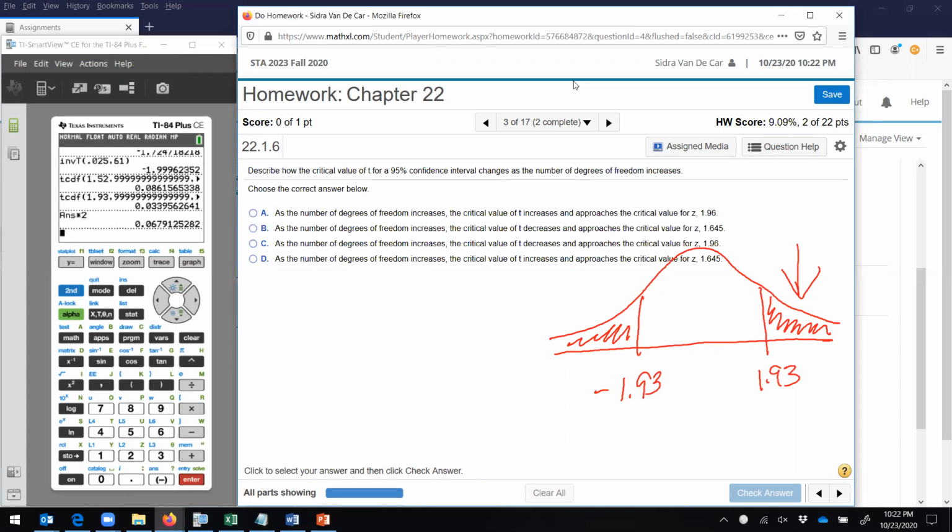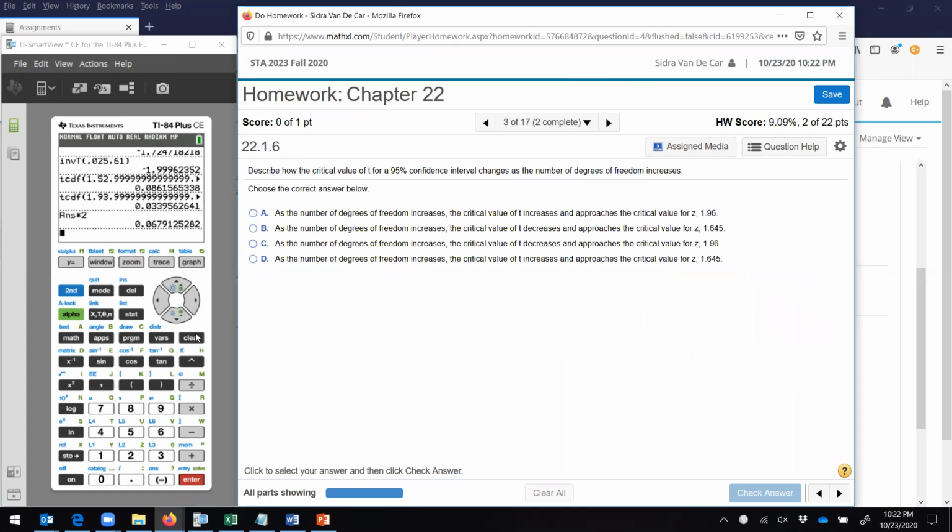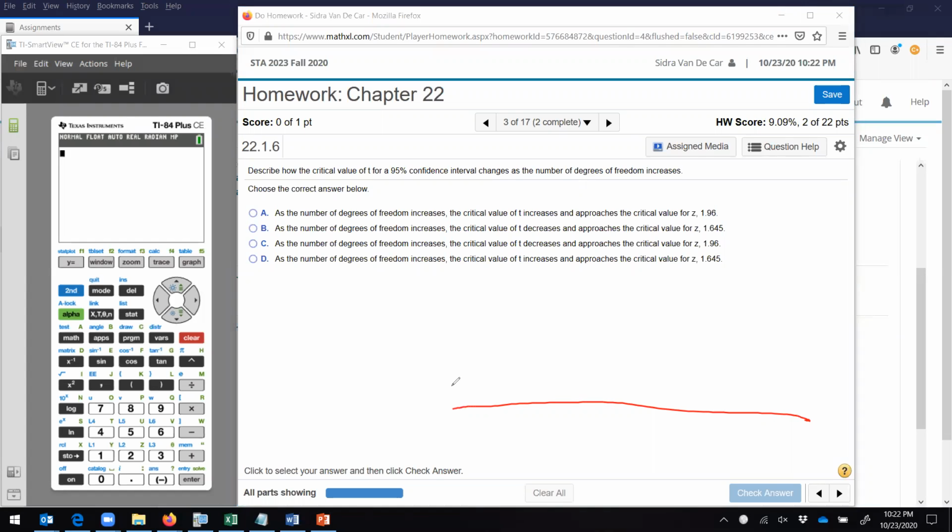All right, so now I want to describe how the critical value of t for a 95% confidence interval changes as the number of degrees of freedom increases. So remember what happens on the normal curve here. My t curve is wider and flatter.